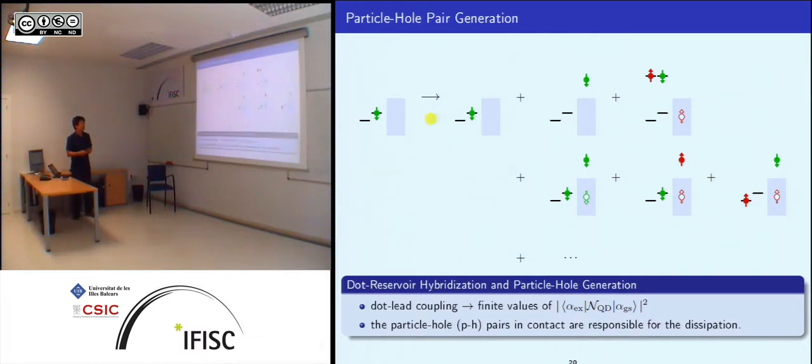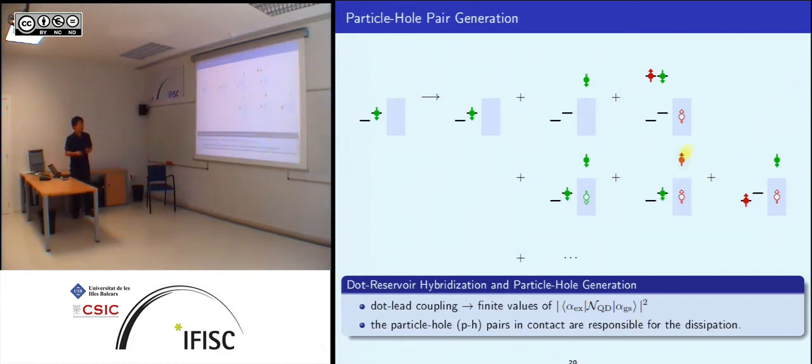But by connecting the dot and reservoir, the many-body ground state is hybridized like this. These are the states which can be obtained by allowing one electron tunneling and two electron tunneling. So with that coupling, we have finite values for this.